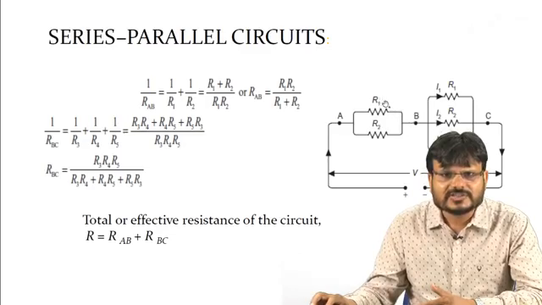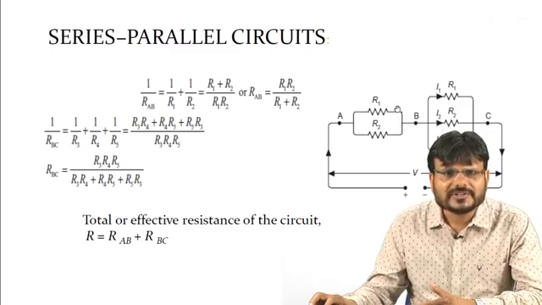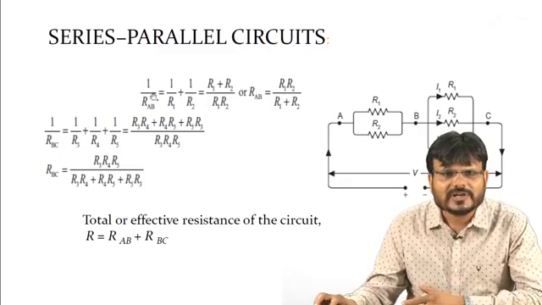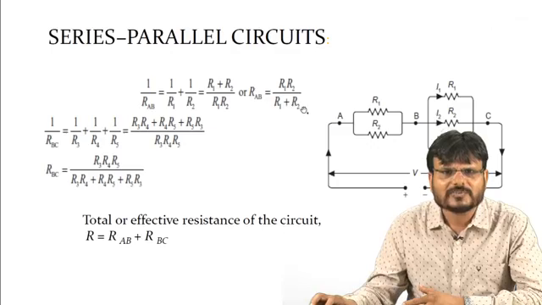So here these two resistances R1 and R2 are connected in parallel between terminals A and B, and again there are three resistances R3, R4 and R5 connected between terminals B and C. So first of all you find the equivalent resistance between A and B. 1 upon RAB is equal to 1 upon R1 plus 1 upon R2. So this RAB can be written as R1 R2 upon R1 plus R2.